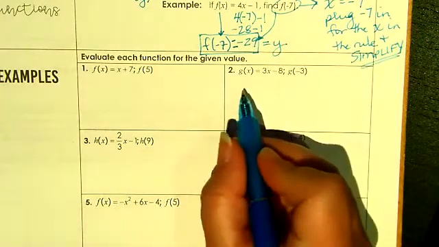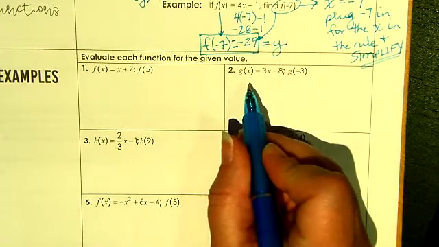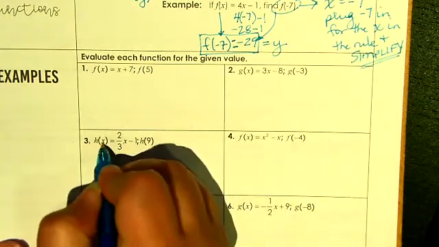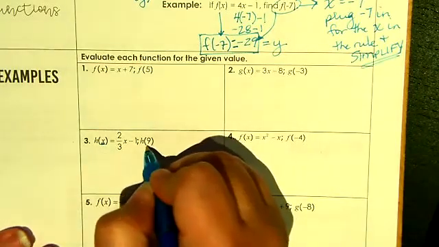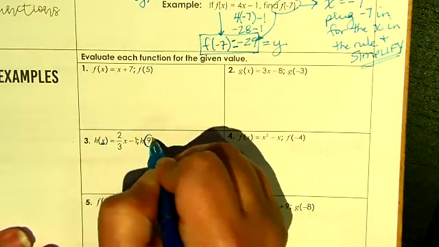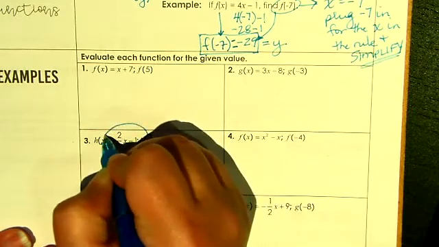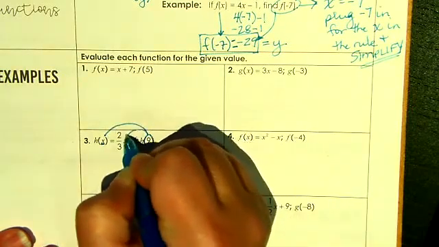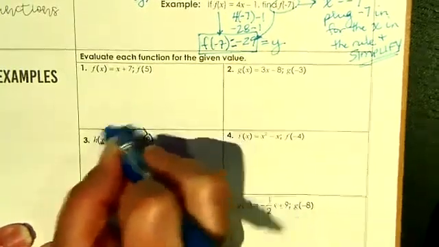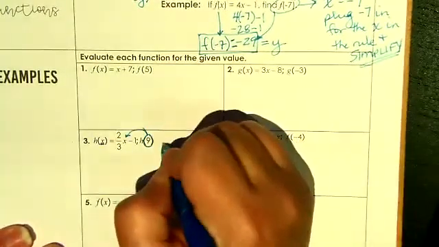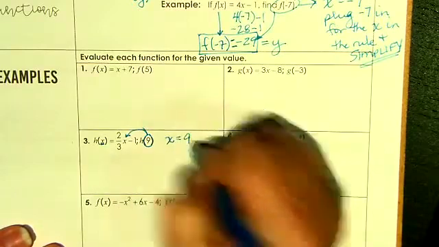If it says g of, it's still function notation, because the x is inside that parentheses right there. That's the input. So it tells me that the 9 is in the x spot. So I'm going to plug it in for this x here, not for this one over here. So don't plug in there. This is just telling me that x equals 9.